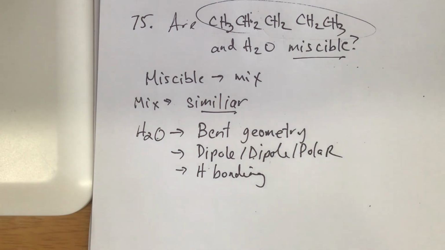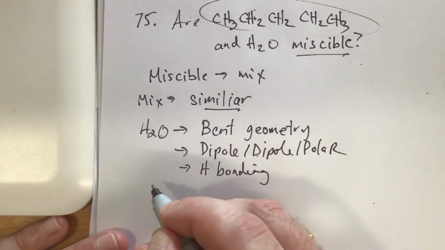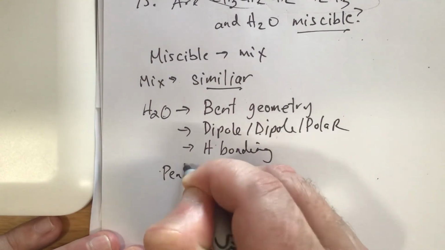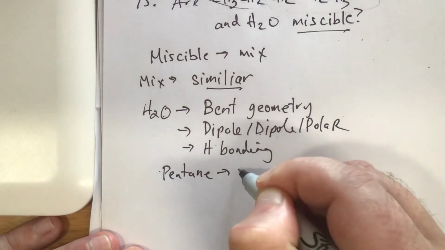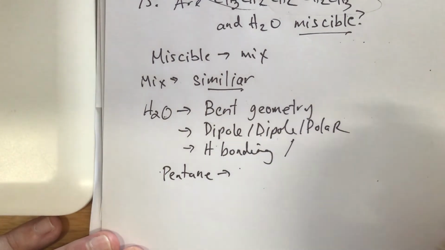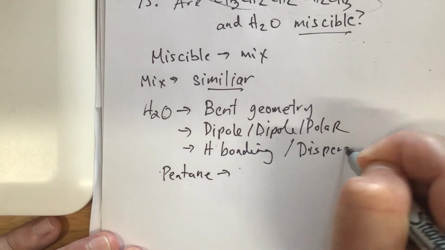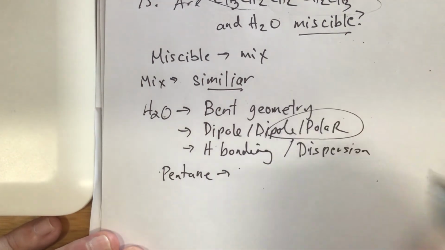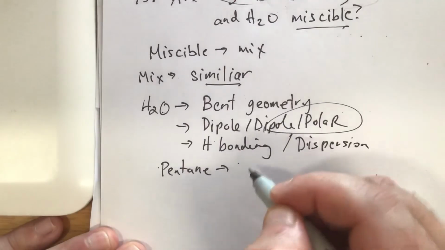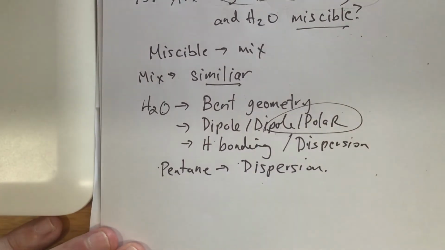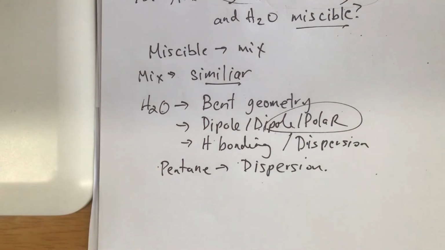There's no ion bonding. So here with our pentane, of course, all molecules have dispersion forces, but the polar nature is more prominent. Pentane will only have London dispersion forces in it. Pentane is not dipole-dipole. It is not polar.